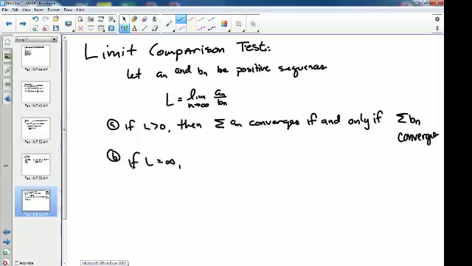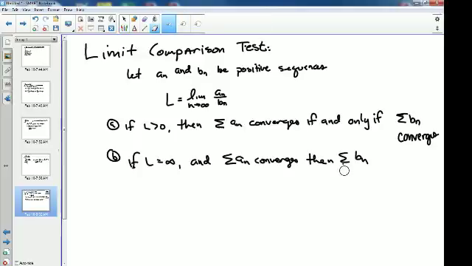And A sub n converges? Then, boy, I am habit prone on that one to write n equals 1 to infinity.